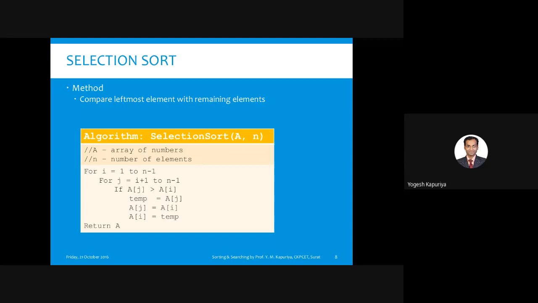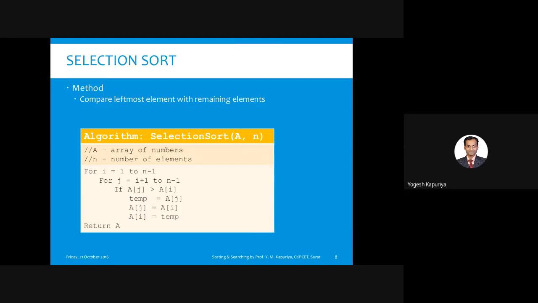This is which type of sorting, ascending order or descending order? Ascending order, right? So this is about selection sort.